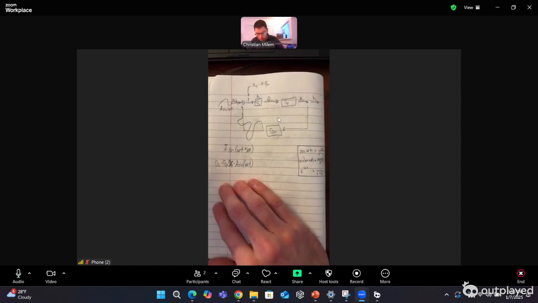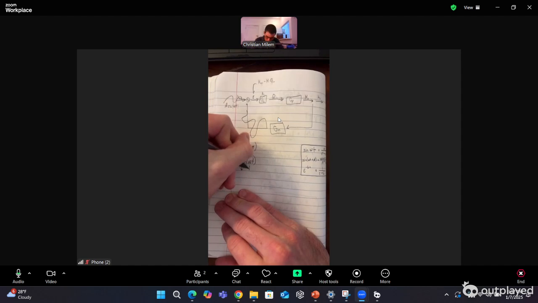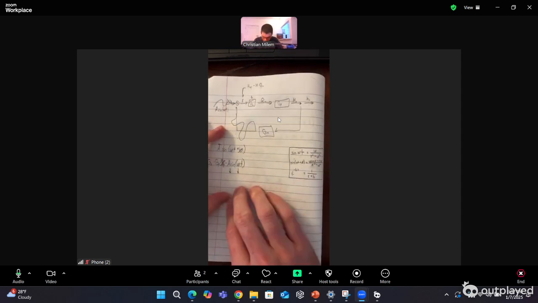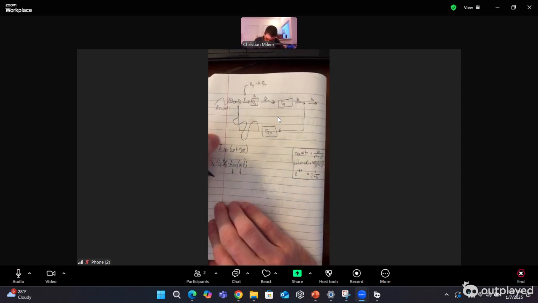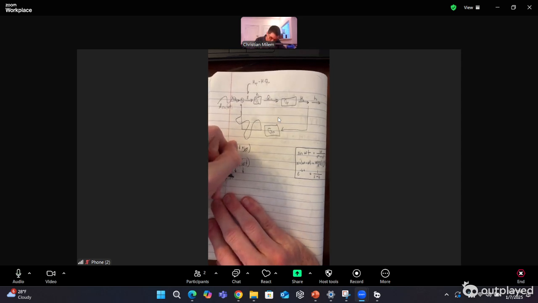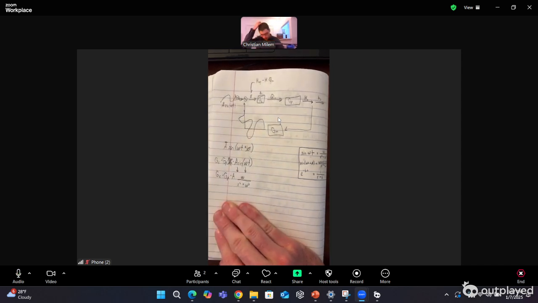But we have GC and GP, and we need to Laplace transform this A sine omega t. So that's going to leave us with GC times GP times A omega over S squared plus omega squared.